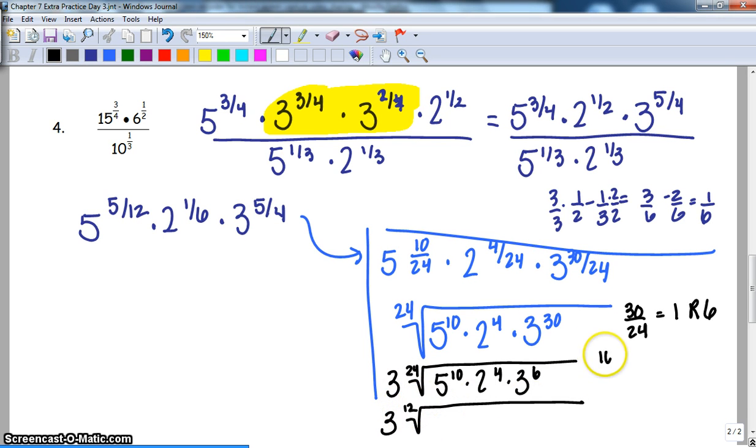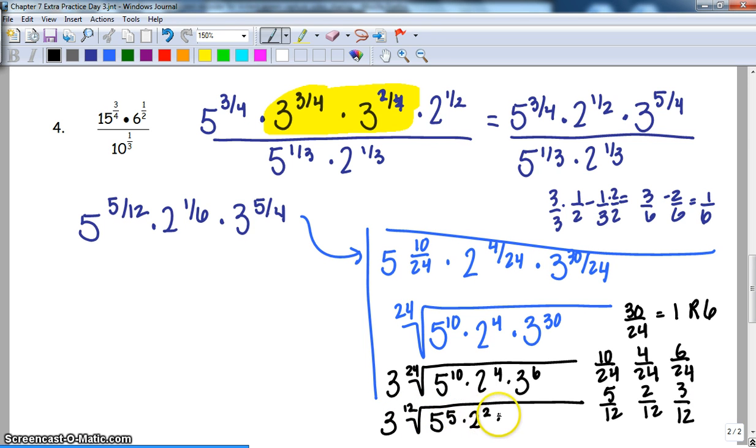Because you're dealing with 10 24ths, 4 24ths, and 6 24ths. When you divide those, you get 5 12ths, 2 12ths, 3 12ths. So 12th root is what you really need. And it's now 5 to the 5th, 2 squared, and 3 to the 3rd. Oh, look at that. 5 to the 5th, 2 to the 2nd, 3 to the 3rd. That normally won't happen. This is your answer.